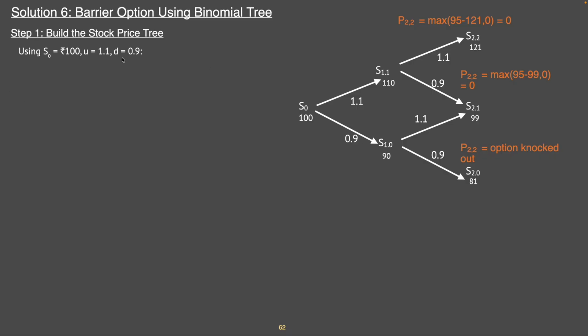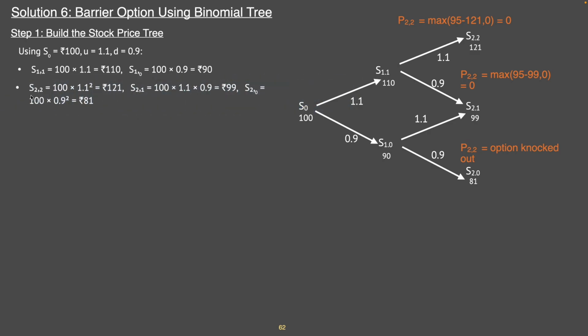This is what has been explained here in the tree. Mathematically, S11 is 100 into 1.1, which is 110, and S10 is 100 into 0.9. Similarly S22, S21 and S20 can be calculated.